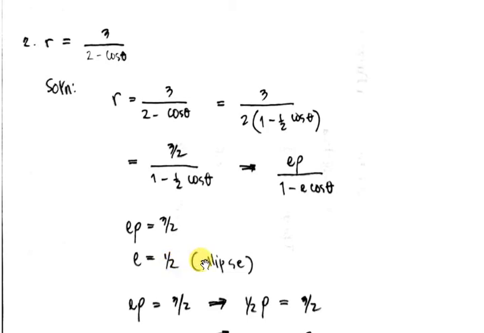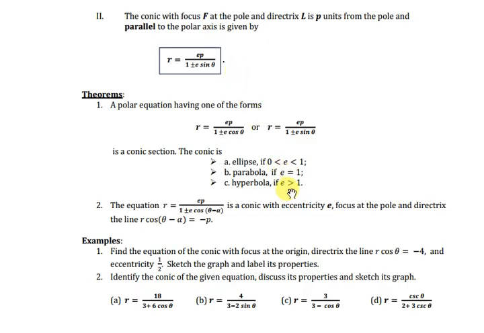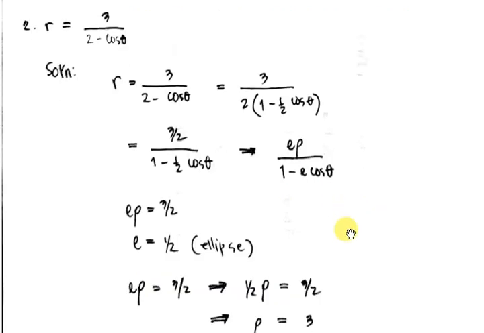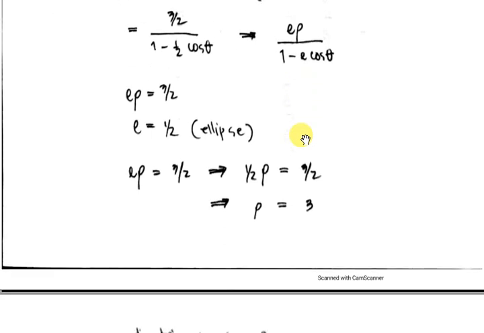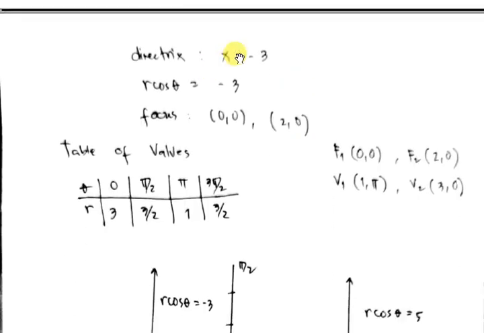So when e is between 0 and 1, the conic is an ellipse. Directrix is x equals negative 3, r cos theta is negative 3, and the focus is at (0, 0).